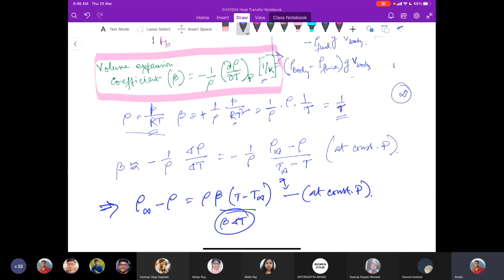That means if there is a larger temperature difference between the fluid adjacent to a hot or cold surface and the fluid far away from it, then there will be a larger buoyancy force, and we will have a stronger natural convection, or free convection, current. So a higher heat transfer rate can be achieved.